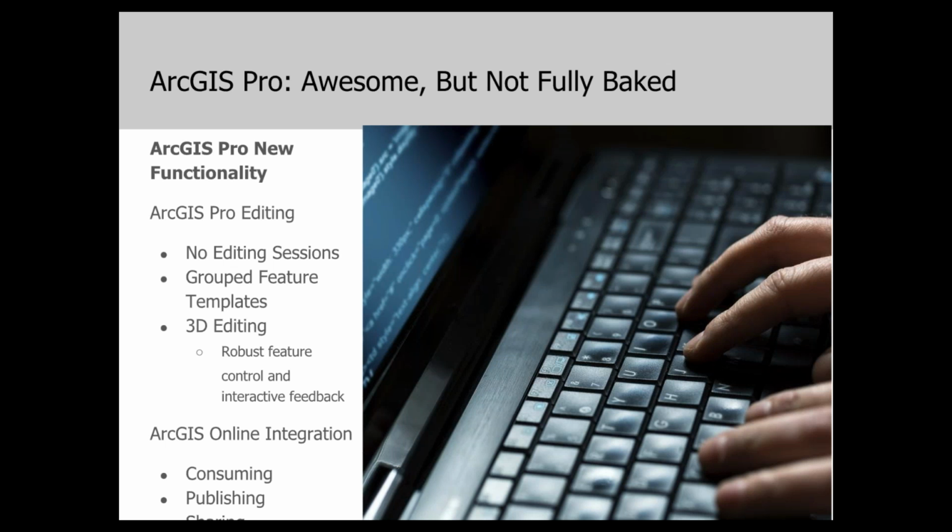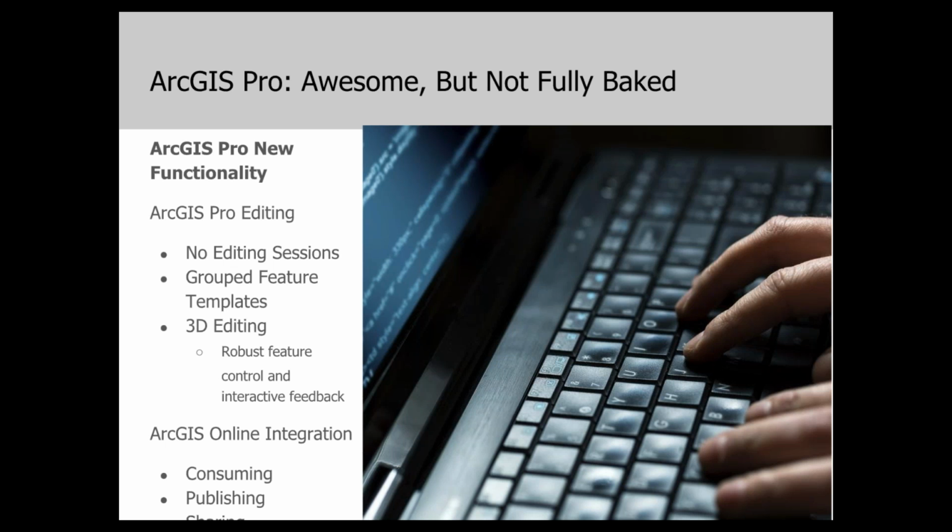And then, as I mentioned earlier, ArcGIS Online integration in ArcGIS Pro has come a long way, and there's a big reason for that. As you all know, ArcGIS for Desktop existed before ArcGIS Online, so essentially ArcGIS for Desktop had to be retrofitted to work with ArcGIS Online. Well, this is the first product from Esri that was developed after ArcGIS Online had hit its stride.